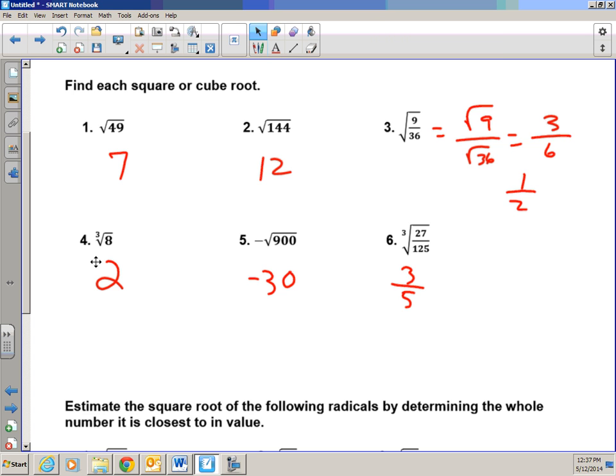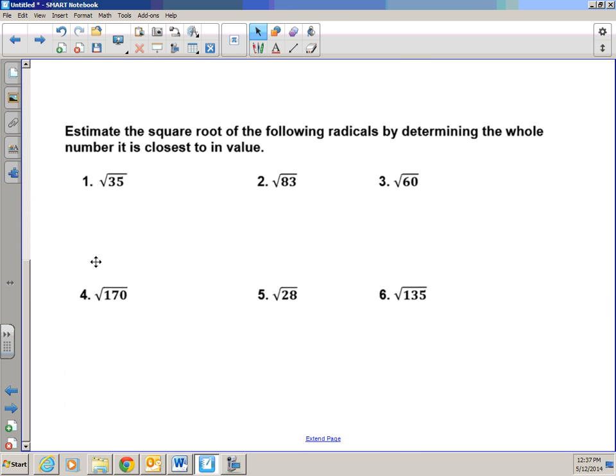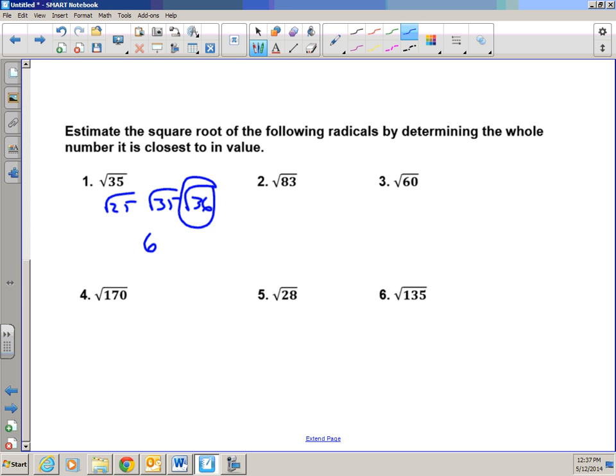Now, estimate the square root based upon what it's closest in value to. So again, you've got to be comfortable with your perfect squares. This is between 36, helps to put it on the right side, it's between 25 and 36, so it's closest to radical 36, which is 6.